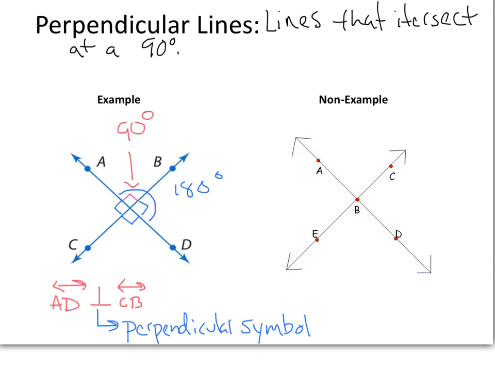But since there is no tick mark indicating that this, nor this, nor this, nor this are 90 degrees, we cannot assume that these two lines are perpendicular. Therefore, we can conclude that this is a prime example of non-perpendicular lines.